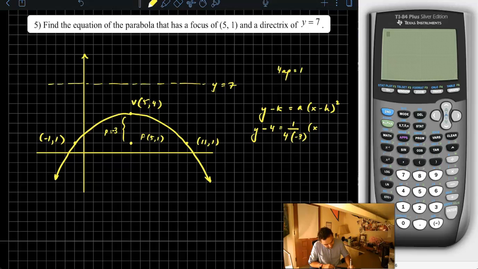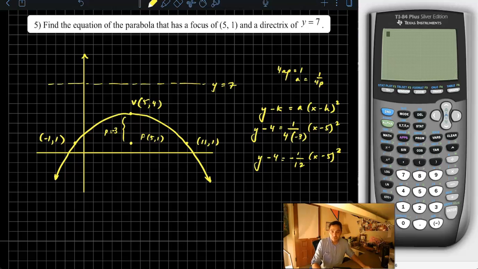So if I want to find a, I can write that as 1 over 4p. In this case, I know p is negative. And (x minus 5) quantity squared. So my final equation could be y minus 4 equals 1 over negative 12 times (x minus 5) quantity squared.